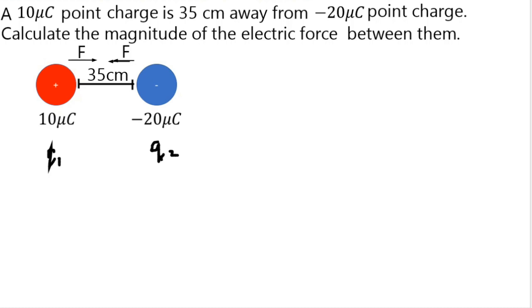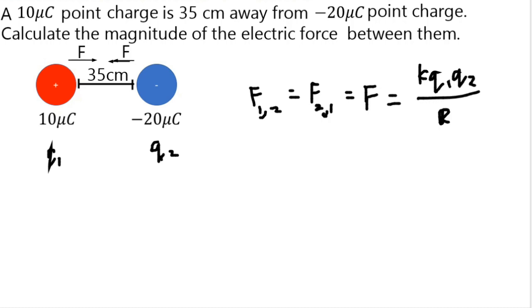Let's call these Q1 and Q2. The force acting from 1 on 2 and from 2 on 1 are the same, so we can just call it capital F. So this is Coulomb's law.